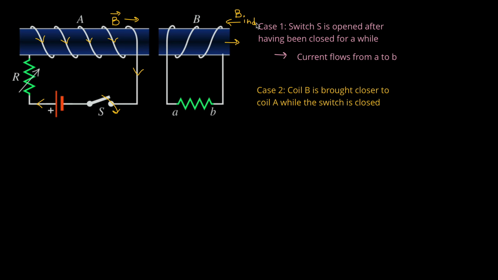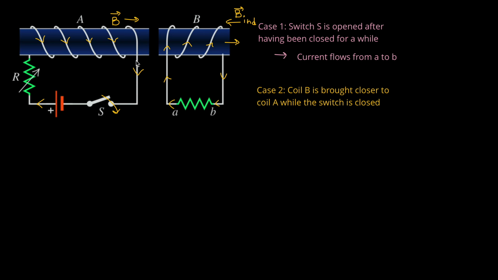Now let's determine the direction of the induced current in coil B. Align your right thumb to the left. The curling of your fingers show the direction of the induced current. So it will be like this. And in the rest of the circuit, the induced current will be in the clockwise direction.